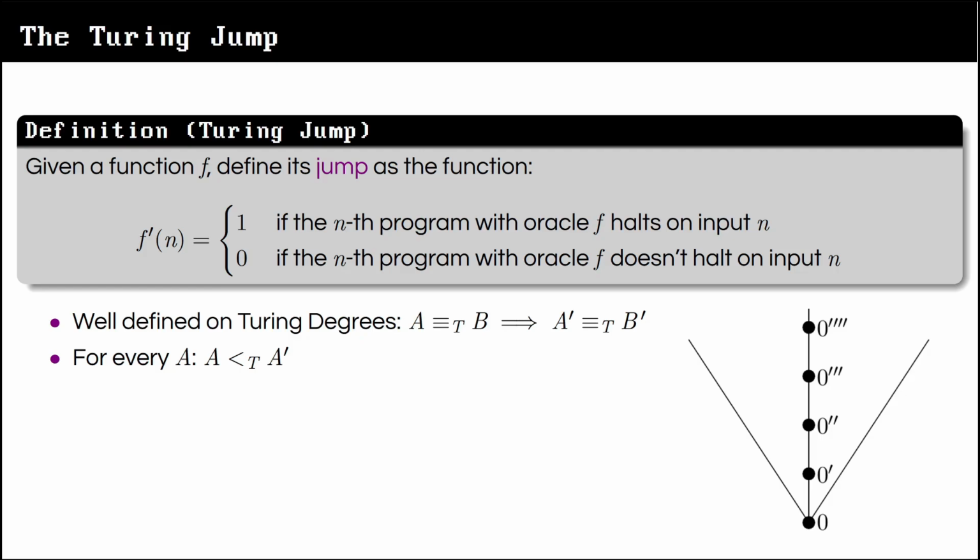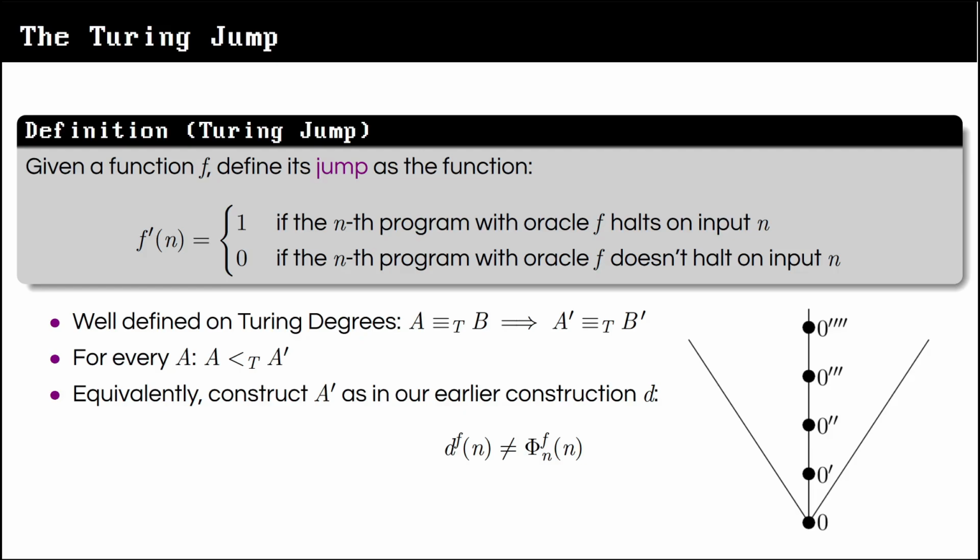Starting from the bottom, you have 0, the degree of the computable functions, then 0 jump, which solves the halting problem for computable functions, then 0 jump jump, which solves the halting problem for those functions, and so on and so forth. The construction that we did earlier of the non-computable function d is another way of describing the Turing jump. d is Turing equivalent to 0 jump, d prime is Turing equivalent to 0 jump jump, and so on and so forth.